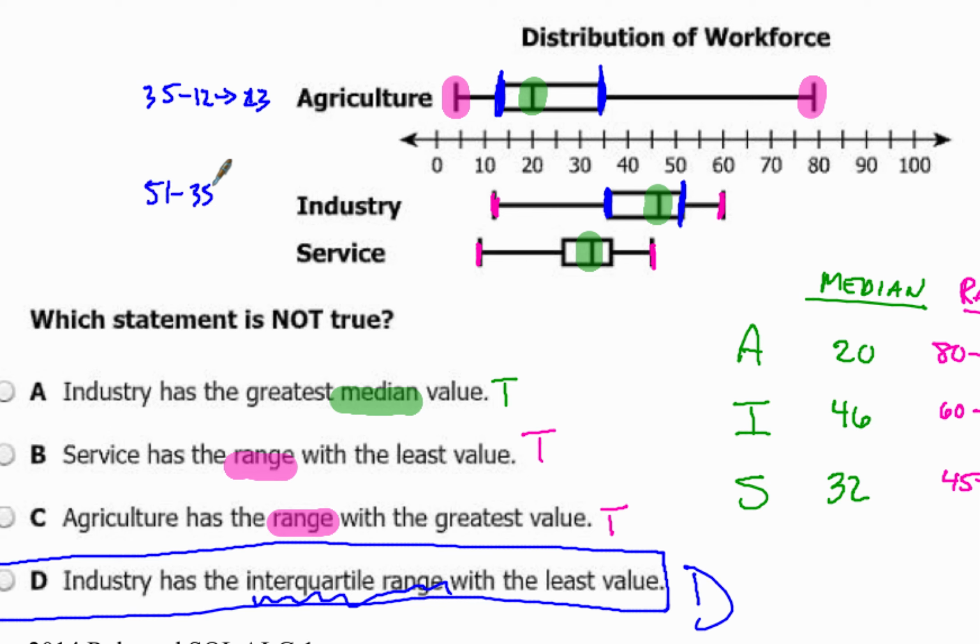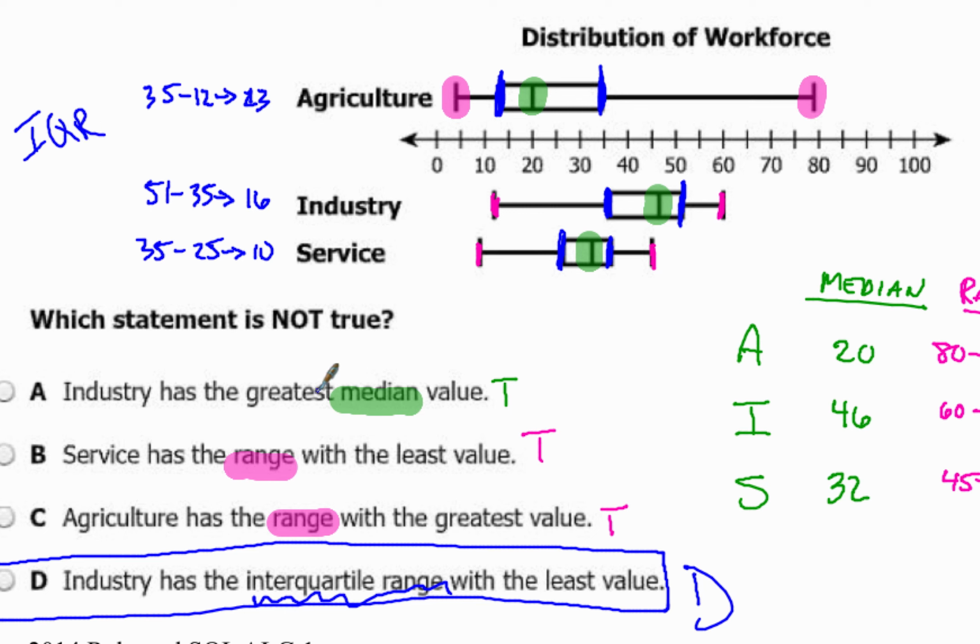If I subtract 35 from 51, that gives me a value of 16. And then service has an interquartile range from 25, it looks like, all the way to 35. So 35 minus 25 gives me 10. So that's how you calculate the IQR, or the interquartile range.